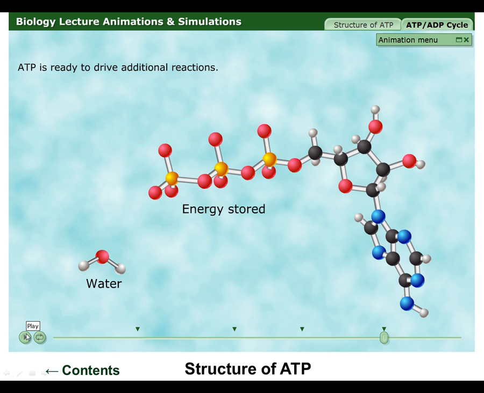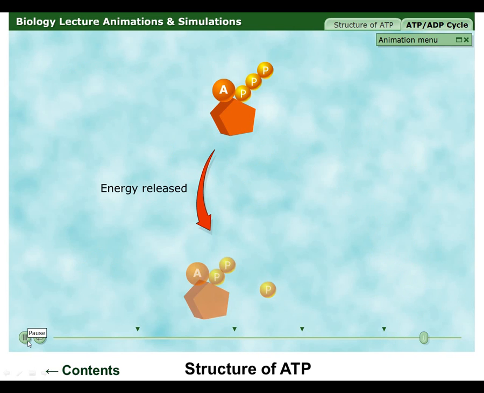We formed a little bond between the terminal phosphates. If ATP loses its phosphate, it releases energy, and if it's phosphorylated, it's storing energy, it's gaining energy. So it's just a molecule that can fairly easily add the phosphate or remove it. Okay, it's just a way to transfer energy.